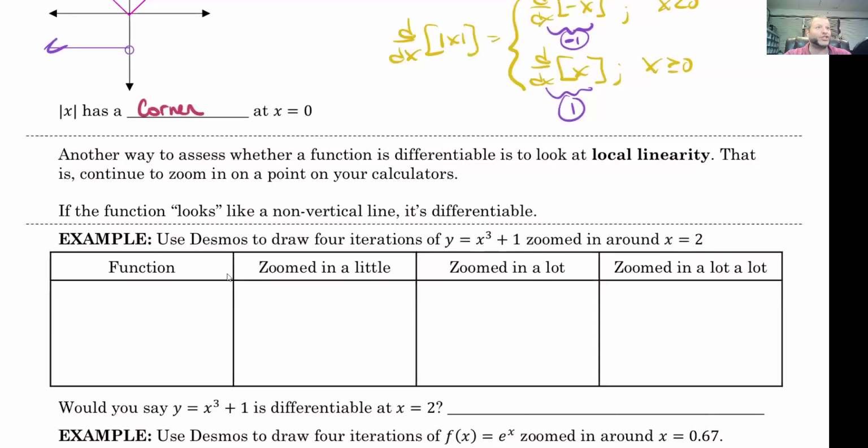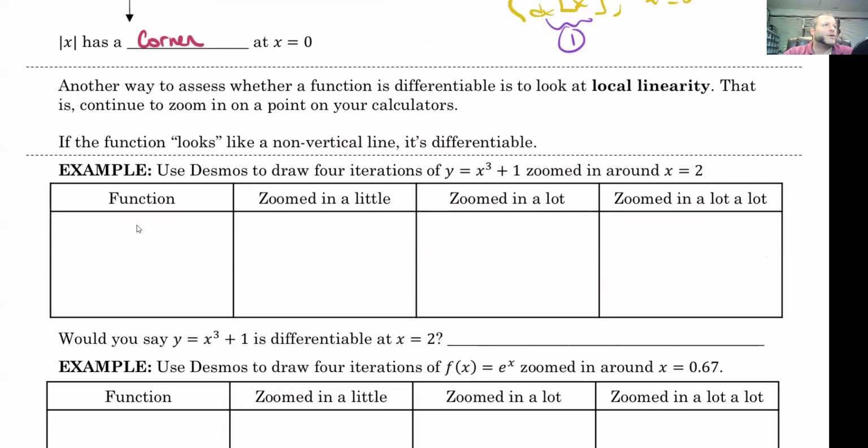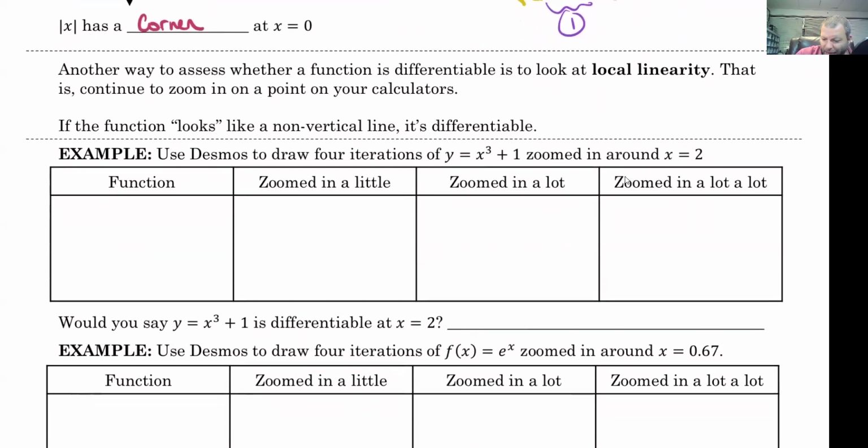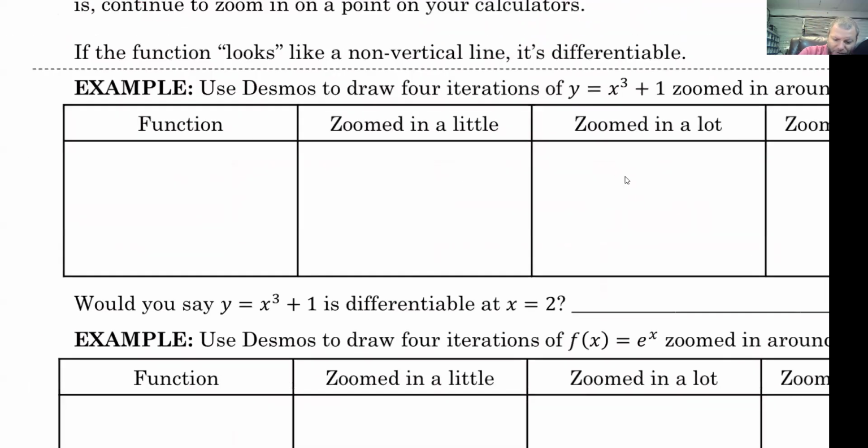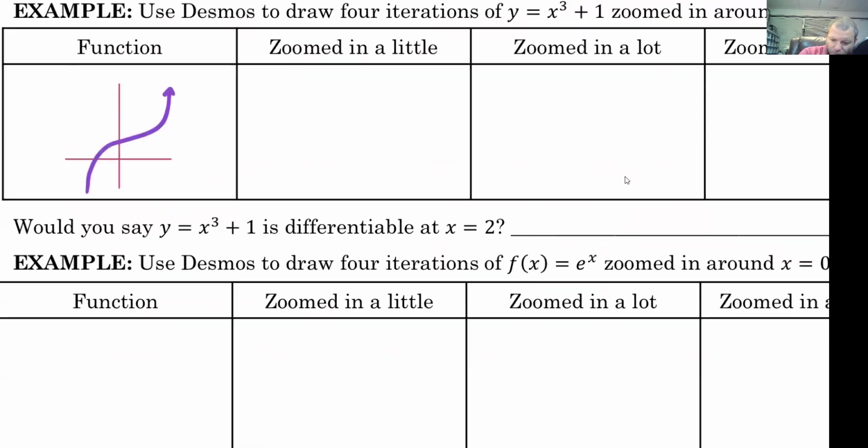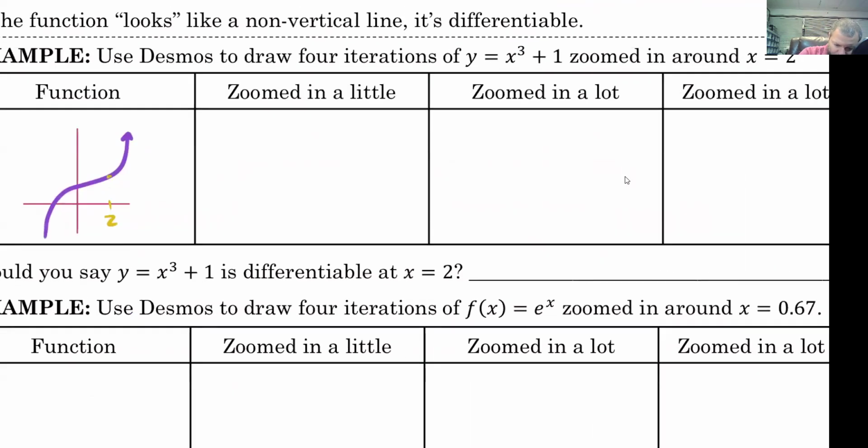Now, we could change this function to see something that does have local linearity. So suppose I looked at y equals x cubed plus 1, and I want to zoom in around x equals 2, according to the question. So x cubed plus 1 would look like this, and at 2 we would have, what's that going to be, like 9? So (2, 9).